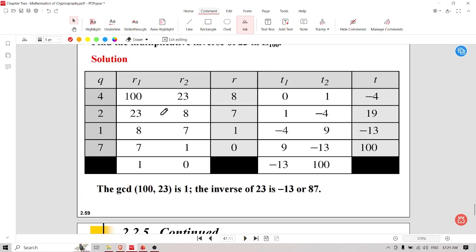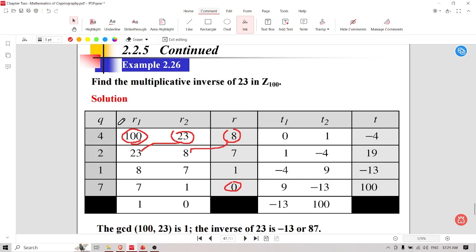If you remember, for the extended Euclidean algorithm, we have R1 and R2, and this would be the R. Then R2 would become R1, and R would become R2. We will do this until we reach the remainder of 0. So this is the normal GCD.